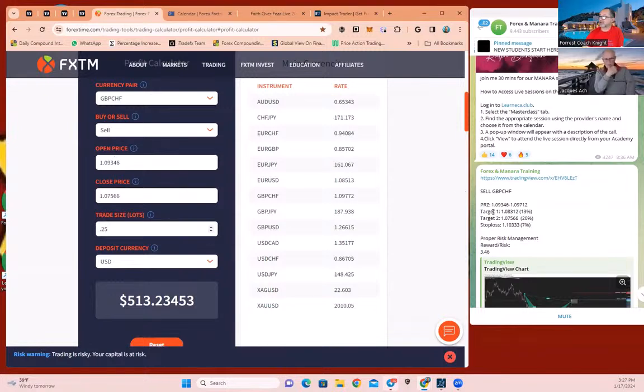It hits and it comes all the way down to take profit number 2 on a $1,000 account on a 0.25 lot size. You just made $500. You've increased your account by, what's 500 divided by 1,000? 50%, right? You literally just increased your account by 50% on one trade. Now you're at $1,500 on leverage. So next time you come in and trade, maybe you can bump it to the 0.35, right?